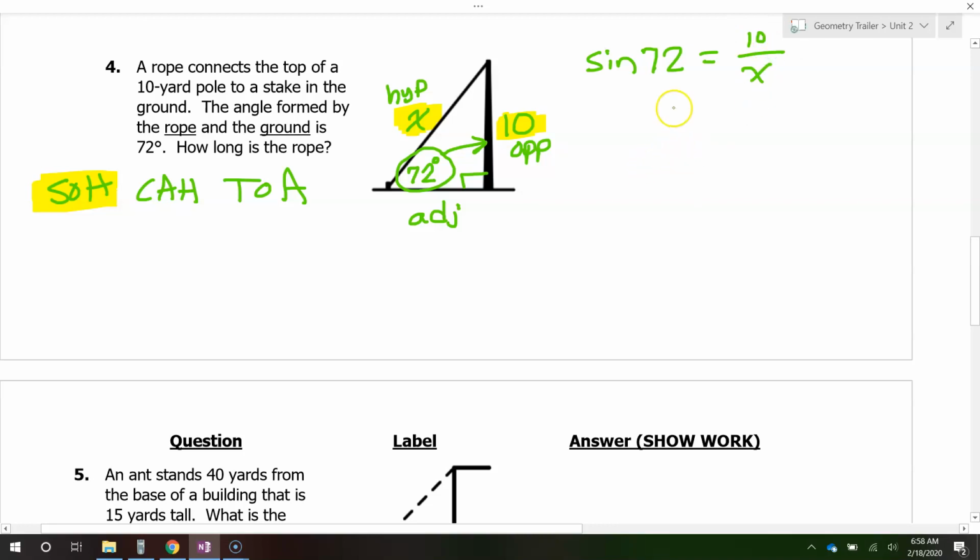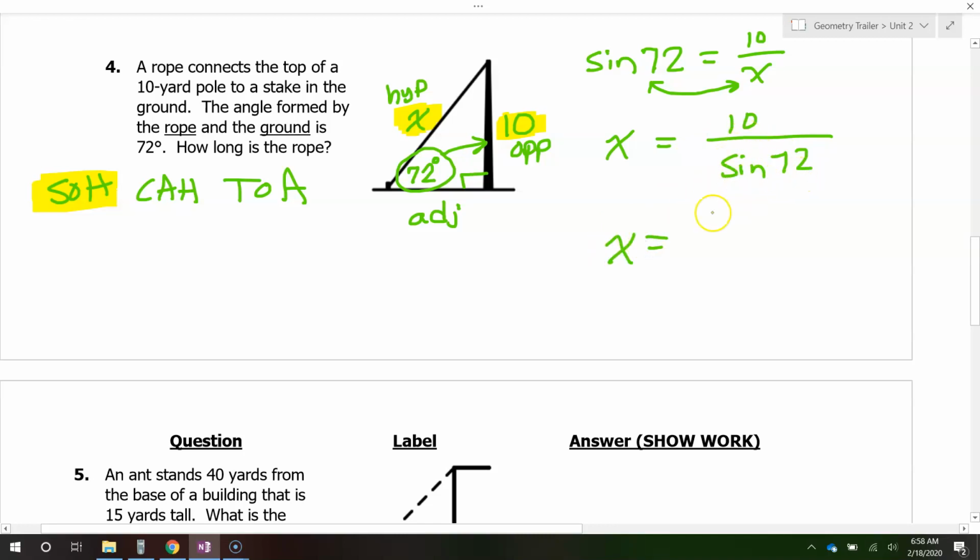Now, is this the one where we multiply, swap, or inverse? When the variable is in the denominator like this is when you swap. So the x is going to end up over here, and then we will have 10 over the sine of 72. And this is a calculator type situation.